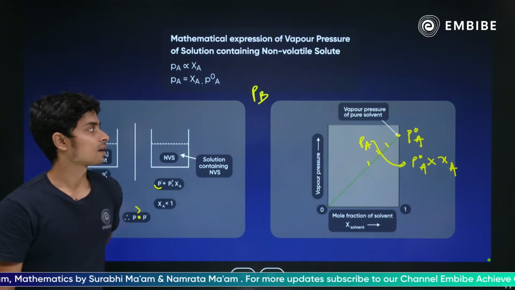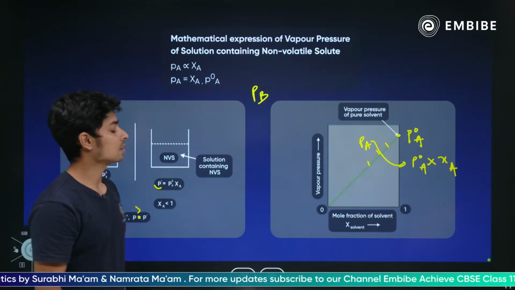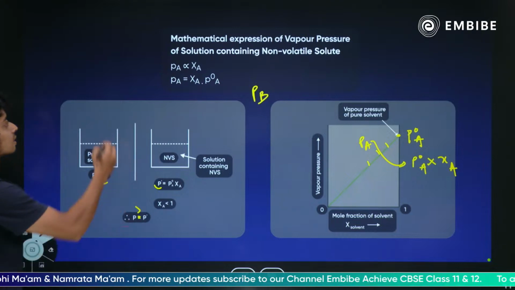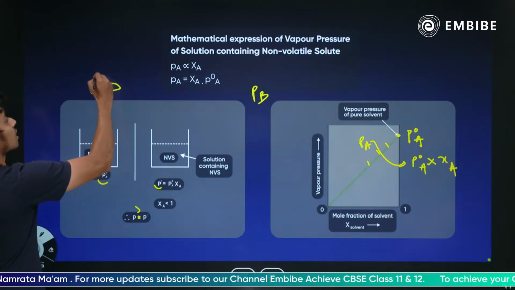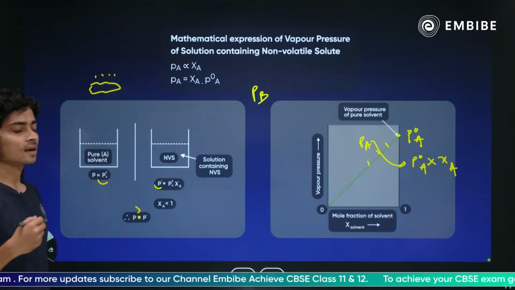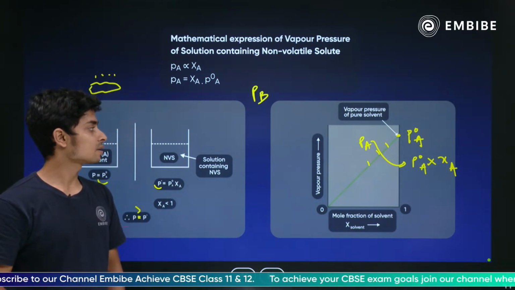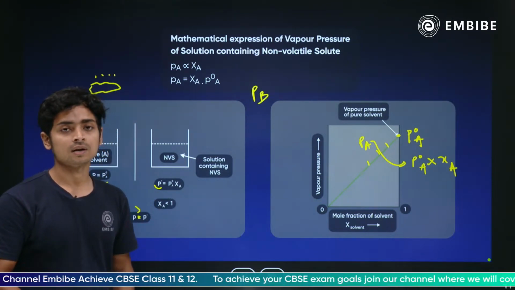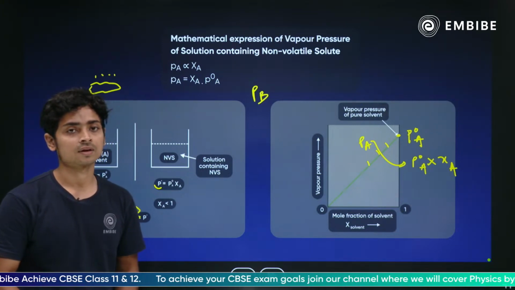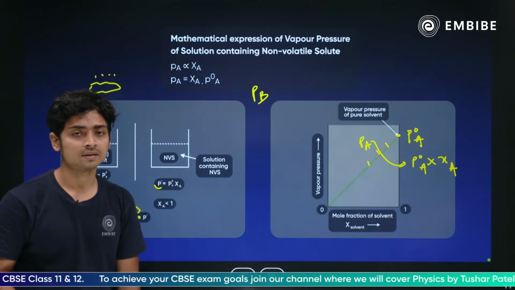What happens to PB? Just remember, even solids have a vapor pressure. So what will be the effect on PB, or are we approximating PB to be 0? I will check and tell you in the next class, which will be next Saturday.